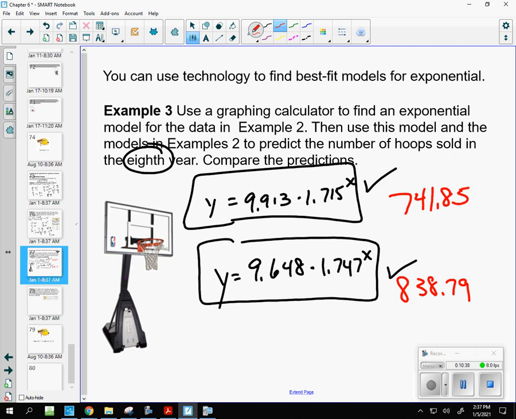now you'll notice even though we were pretty close, like from the one by hand and the one using the calculator, we were pretty close, but the further you go exponentially, the further out that you look, how big a difference we see in our particular model. So 741.85 in comparison to 838.79.